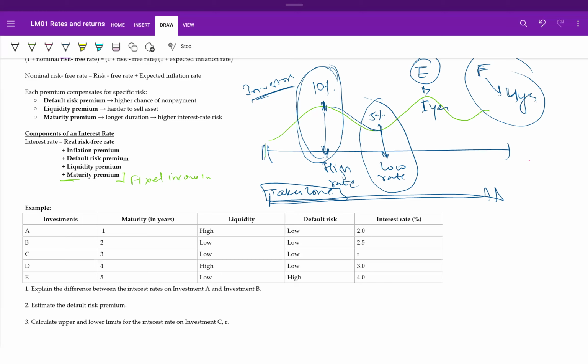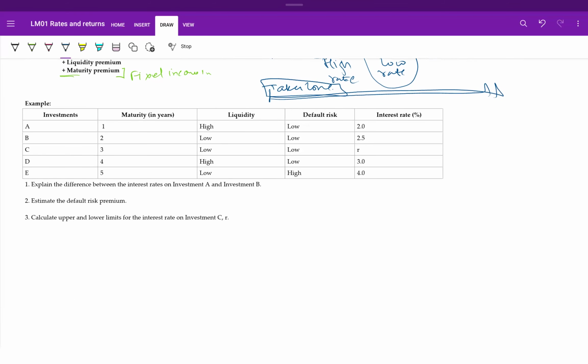You will understand this concept better when you study fixed income securities, but for now you can take it as given. So understand why F has a higher maturity premium.